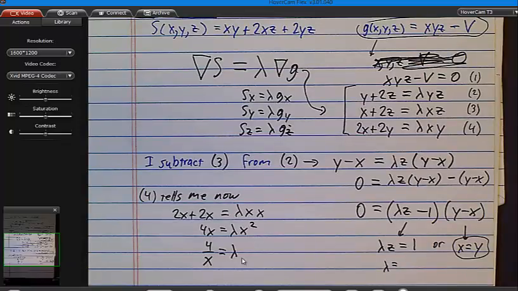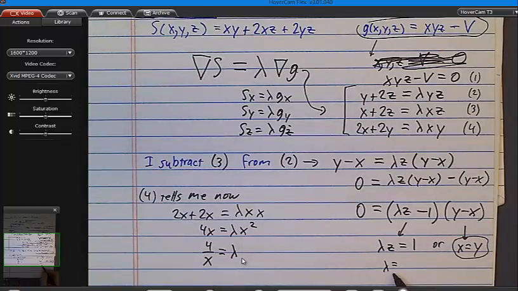I feel like I'm missing a negative sign somewhere. Not sure why. No, it doesn't matter. This is fun. So lambda is 4 over x. We also have that lambda is equal to 1 over z if we go this route.